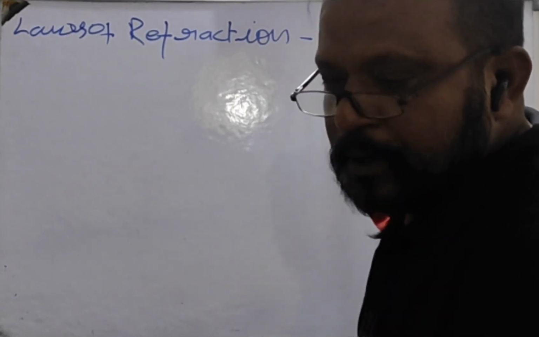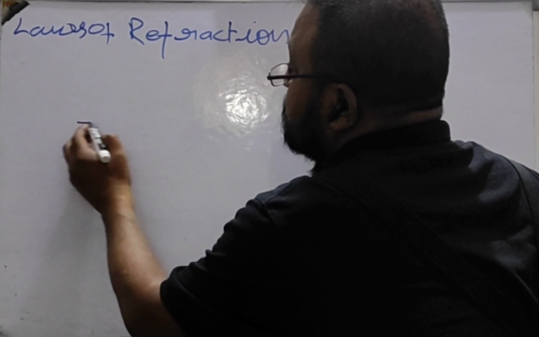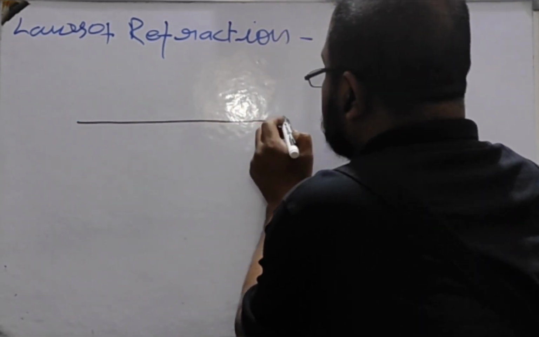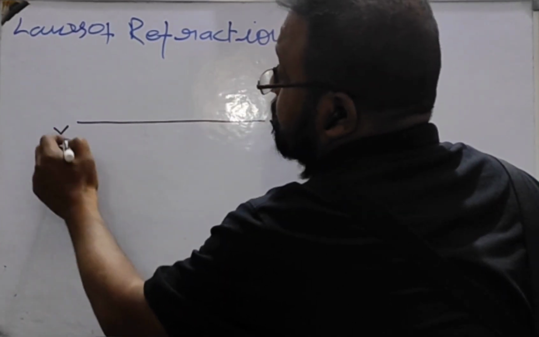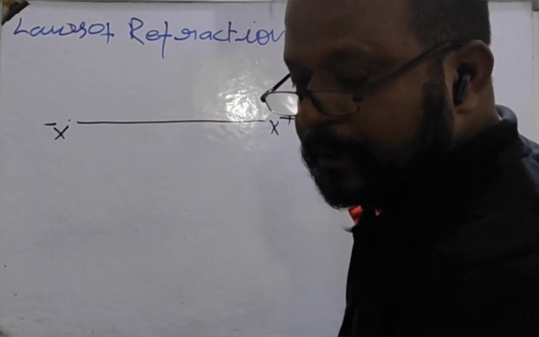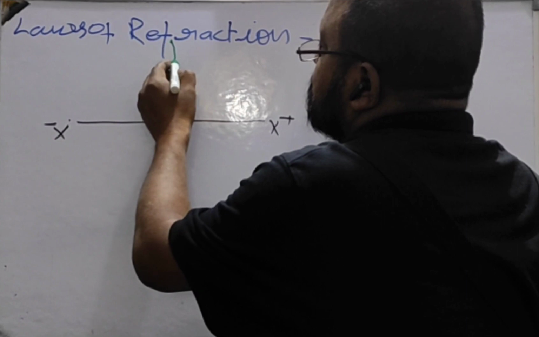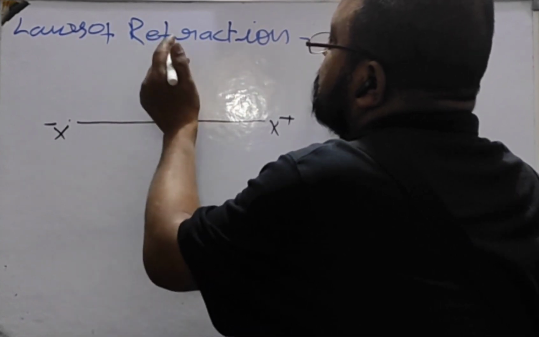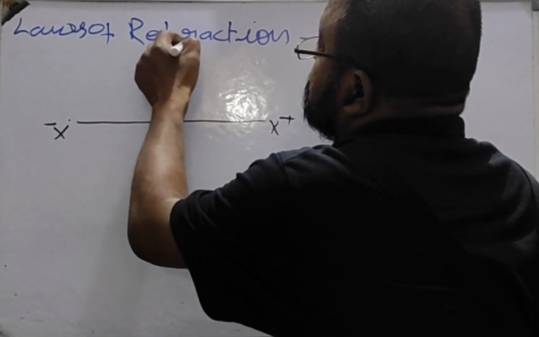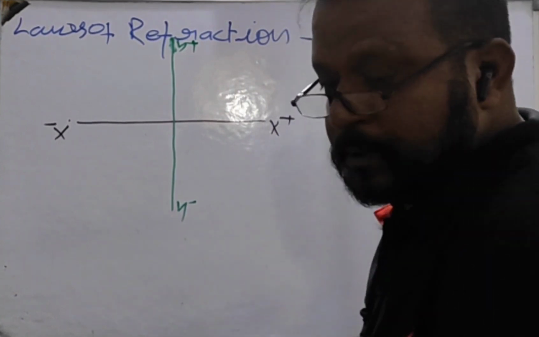You know, I hope you know that this is the x-axis, right? Cartesian plane, this is x plus, x minus, right? And there is the y-axis, y plus, y minus, right?